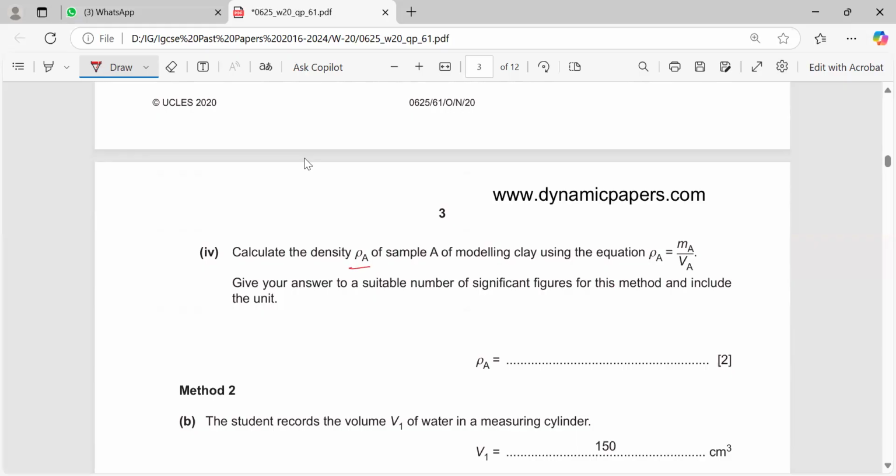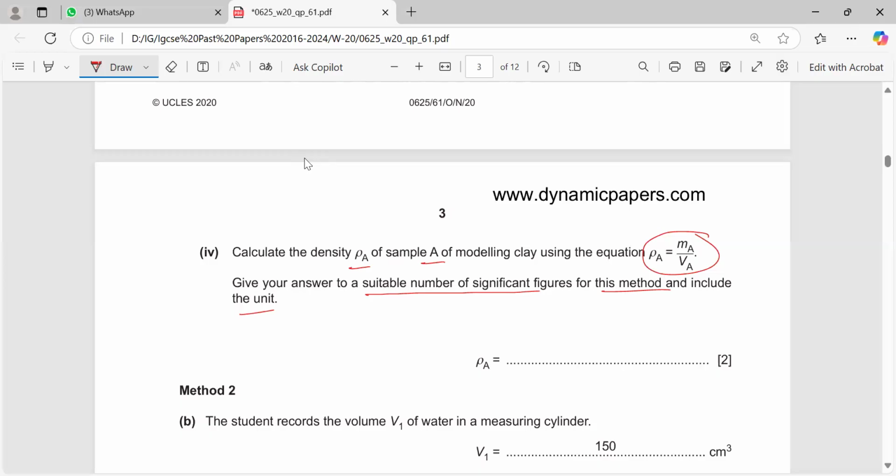Calculate the density rho A of the sample A of the modeling clay using the equation rho A is equal to MA over VA, mass of the clay A and the volume of the clay A. Give your answer to a suitable number of significant figures for this method and include the unit. Of course, include the unit.